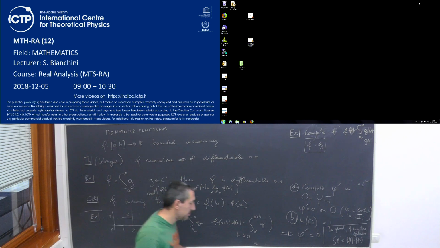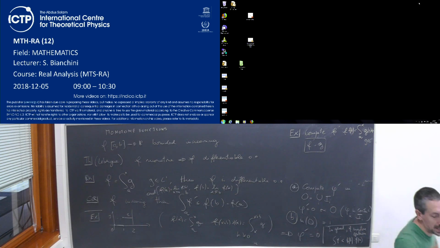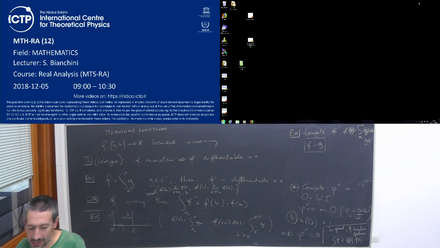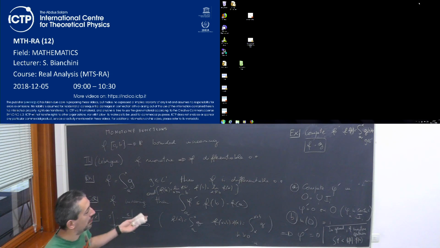You have to show that at the end you can assume g positive, so you don't have troubles. And then we know that the derivative exists. And now there are several ways to prove it. For example, you can just repeat the proof of Lebesgue. When they are different, you get a contradiction.